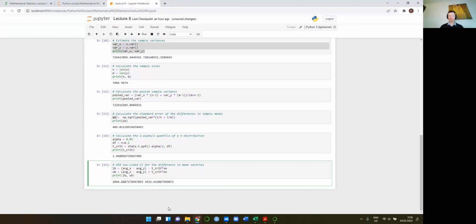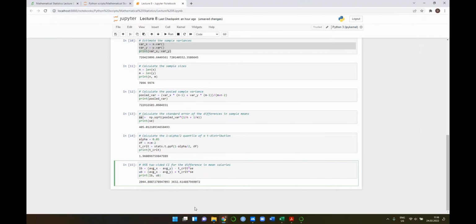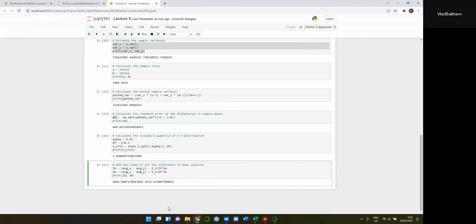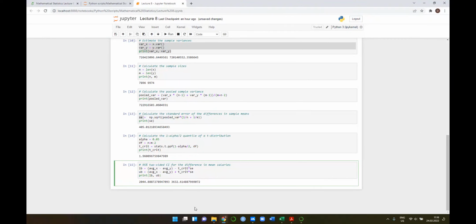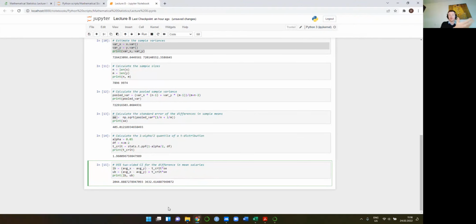How do you know? Just an assumption. No, you don't have an assumption now. You have all the results made by the statistic and built on the random sampling. So we have a result, we have a confidence interval. What are these two numbers? 2044 and 3632. What do these numbers mean?